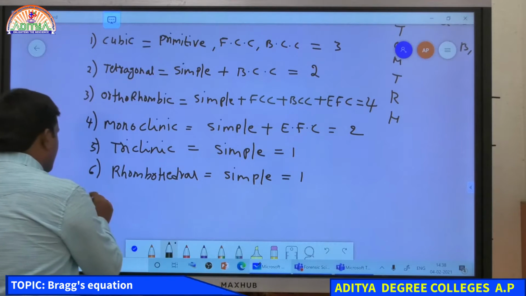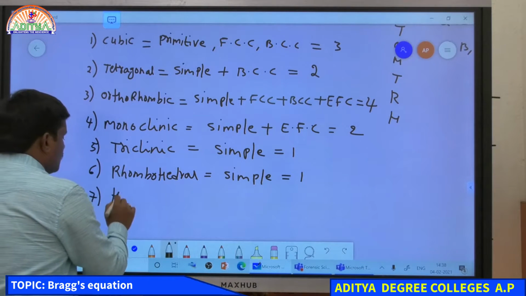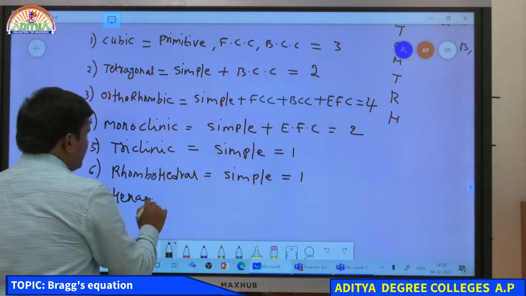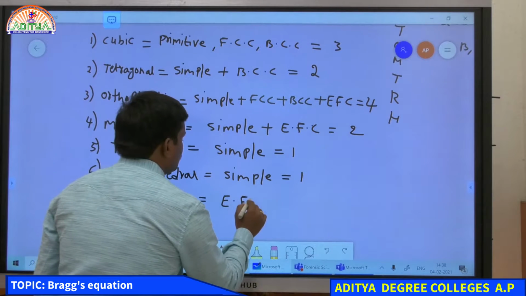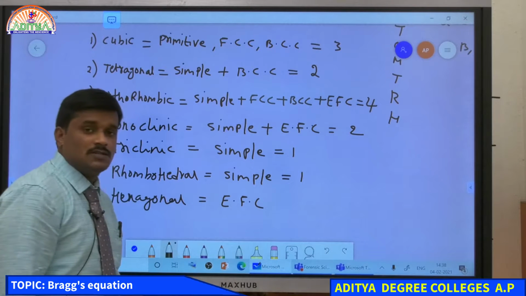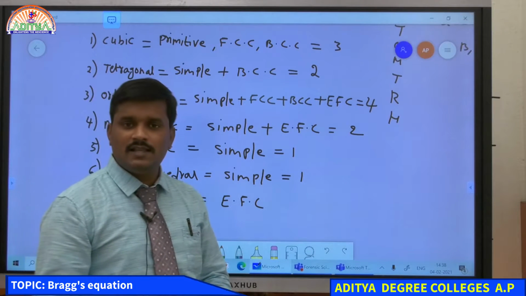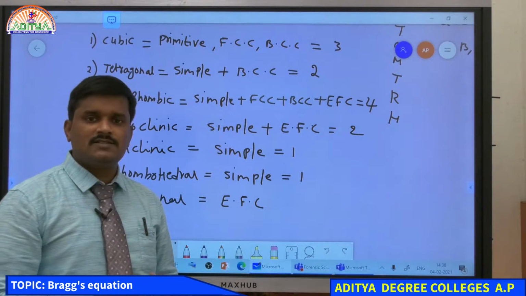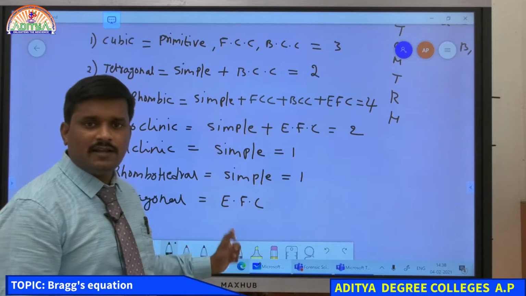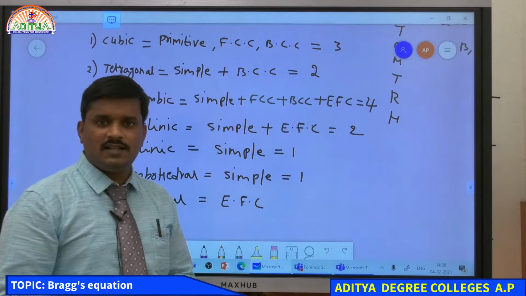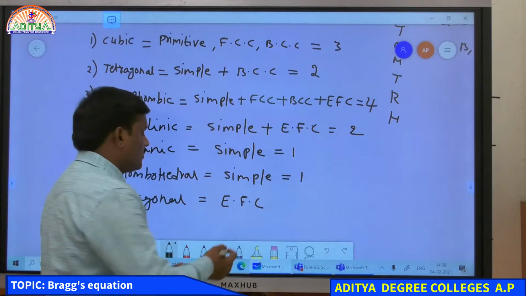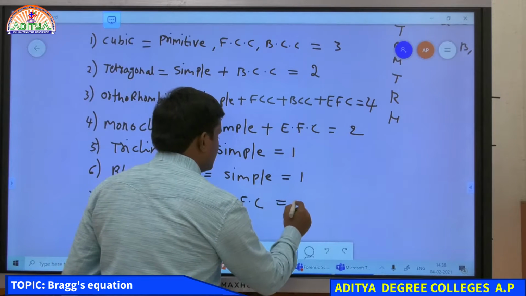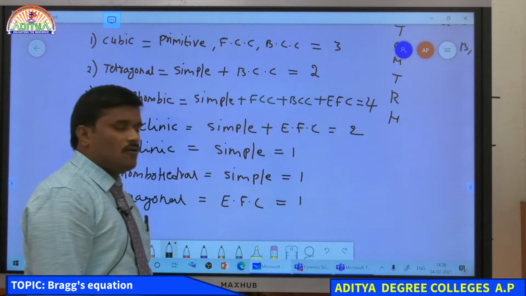And finally hexagonal. The hexagonal crystal has only the end face centered unit cell. There is no simple unit cell, no FCC, and no BCC. It contains only one unit cell, the end face centered unit cell. Therefore the Bravais lattices for this crystal is equal to 1.